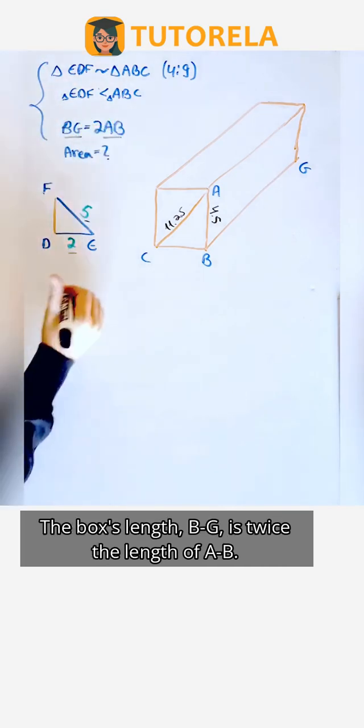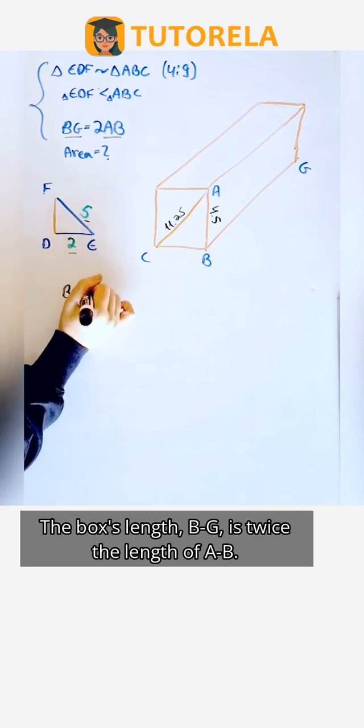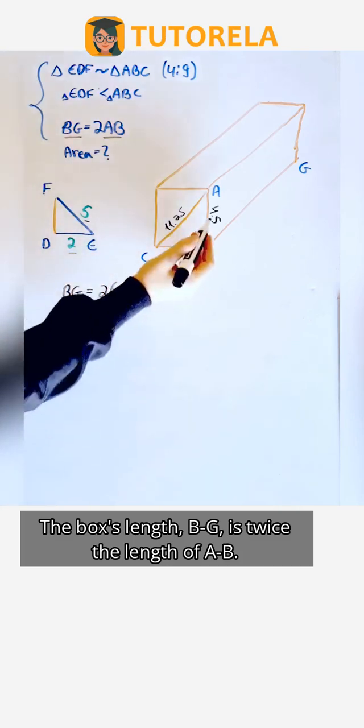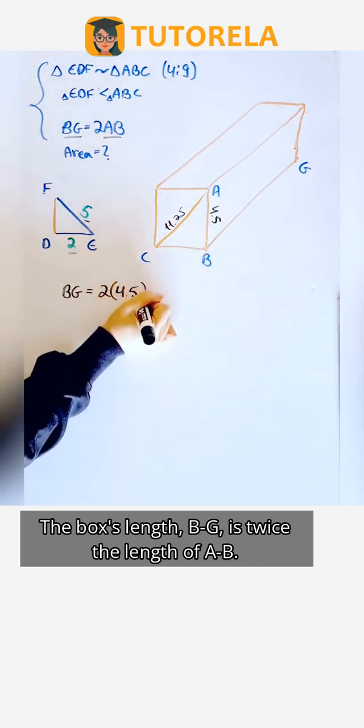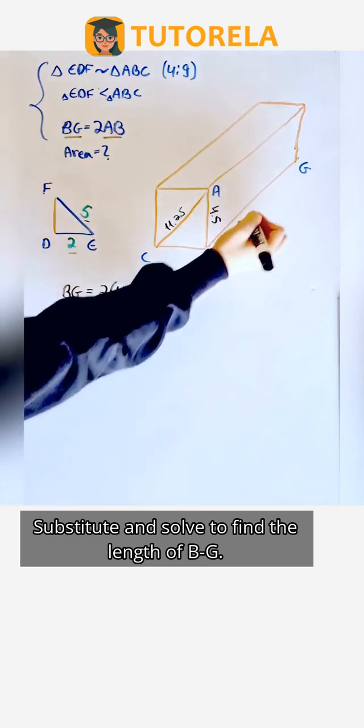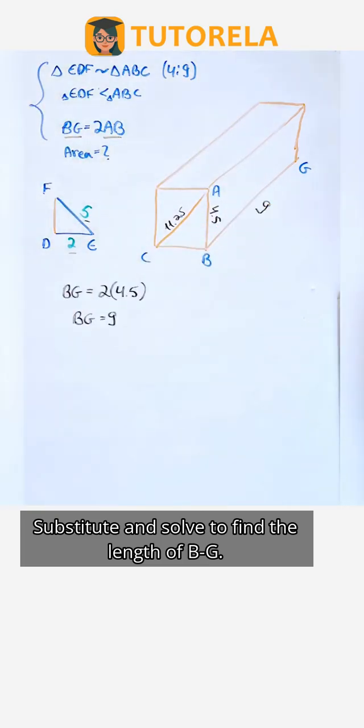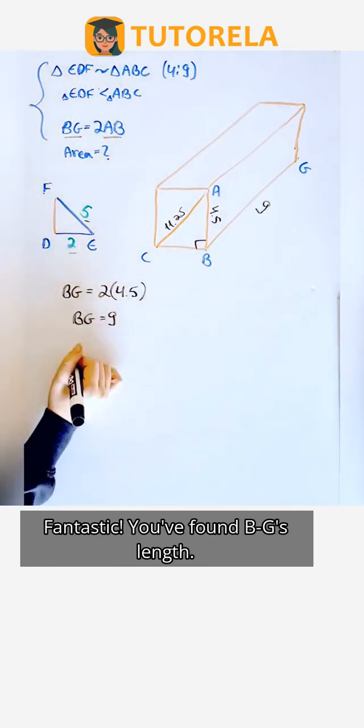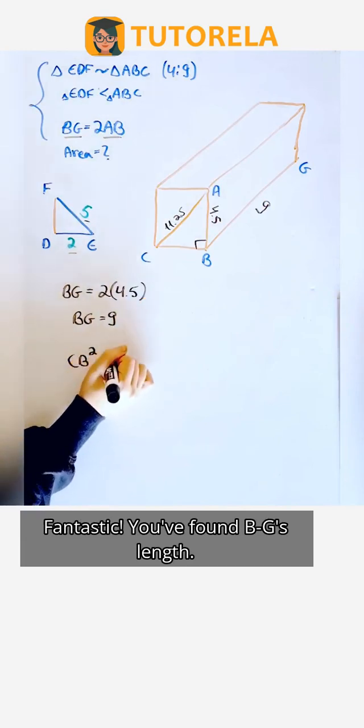The box's length, BG, is twice the length of AB. Substitute and solve to find the length of BG. Fantastic! You found BG's length.